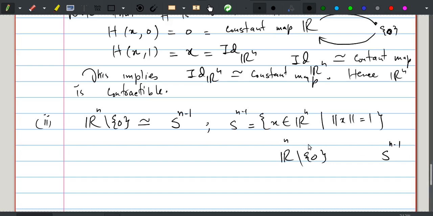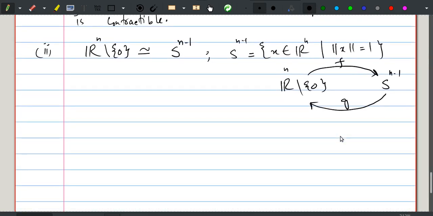So we have to exhibit two continuous maps, one from Rn minus 0 to Sn minus 1, and the other in the reverse direction. Say this is F, this is G. We have to exhibit these two maps F and G, for which F composite with G is identity on Sn minus 1, and G composite with F is homotopic to the identity map on Rn set minus 0.